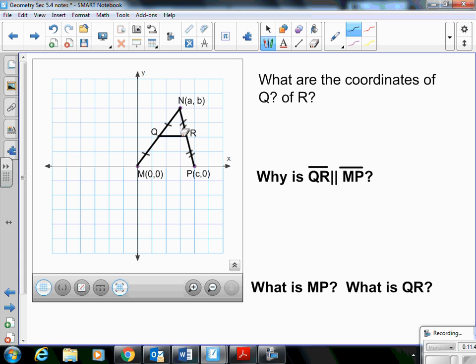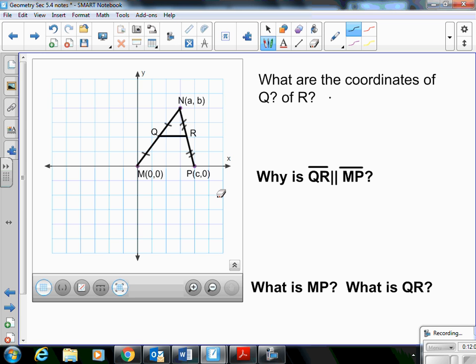And so if they're midpoints, then we would need to use the midpoint formula to find the coordinates. The trick here on this one, though, is that the coordinates they gave us are not number coordinates, they're letter coordinates. But the math is still the same.